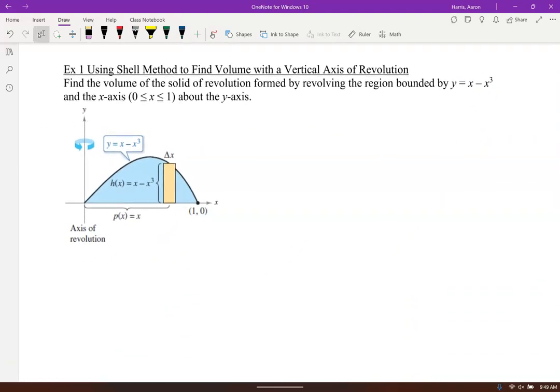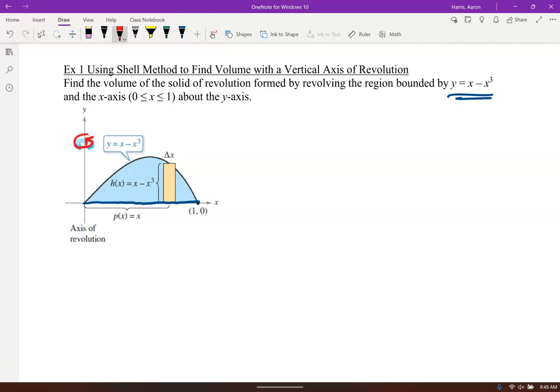Here's y equals x minus x cubed drawn, and we're going to find the volume of the solid whose region is bounded by that and the x-axis. So we've cut it off with the x-axis. There's the region bounded by the equation and the x-axis there, and we're going to revolve it about the y-axis, a vertical line.